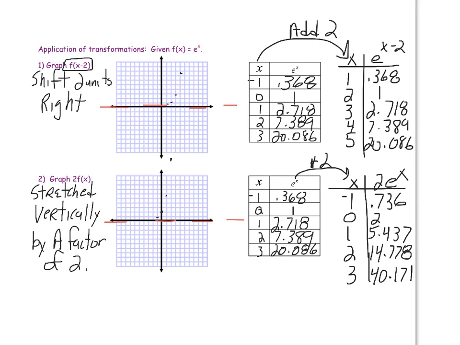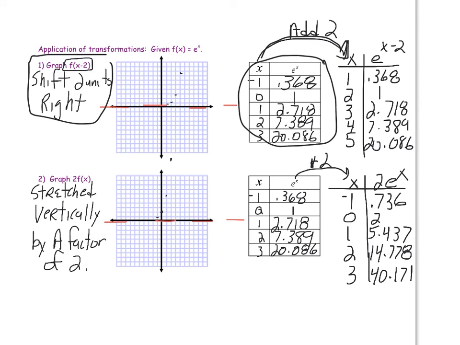Okay, welcome back. In this first one, your graph is going to be shifted 2 units to the right. So here is the table from the previous page, and if I'm going to be shifting it 2 to the right, the x has 2 added to it. So negative 1 plus 2 is 1, 0 plus 2 is 2, and we have 3, 4, 5.